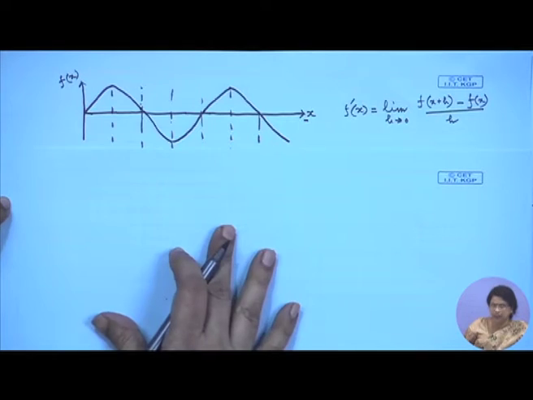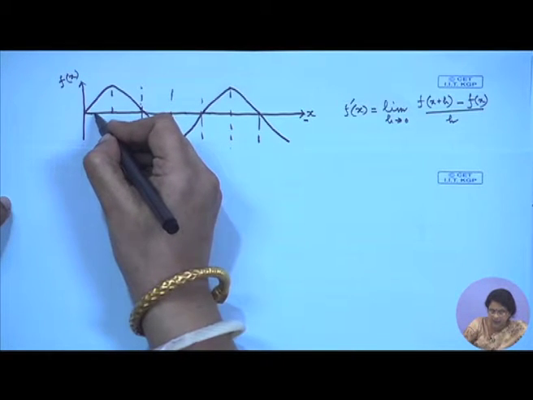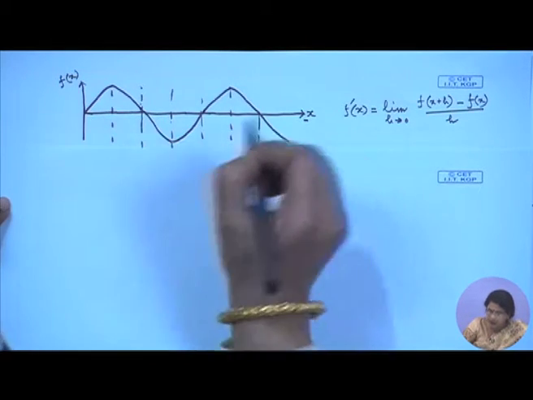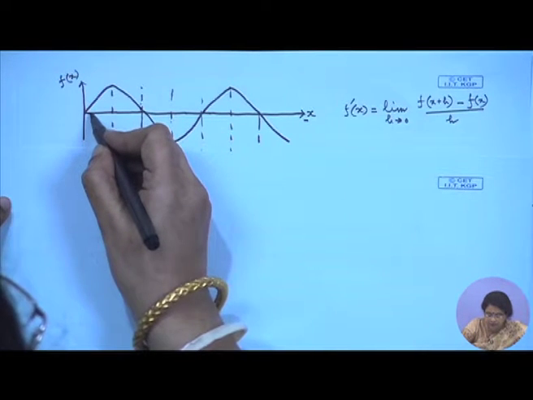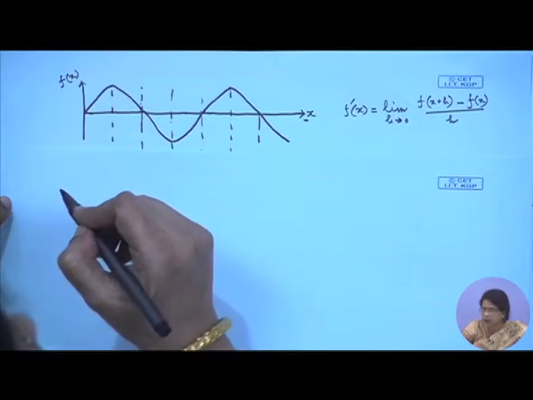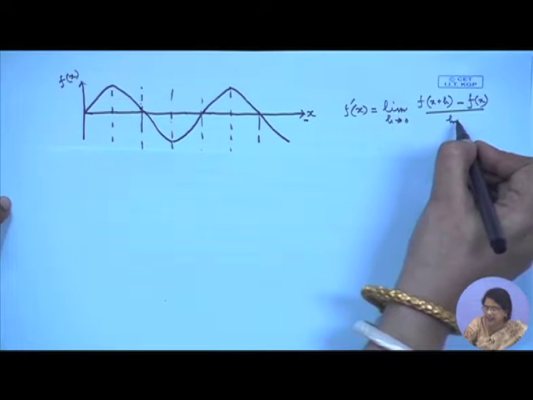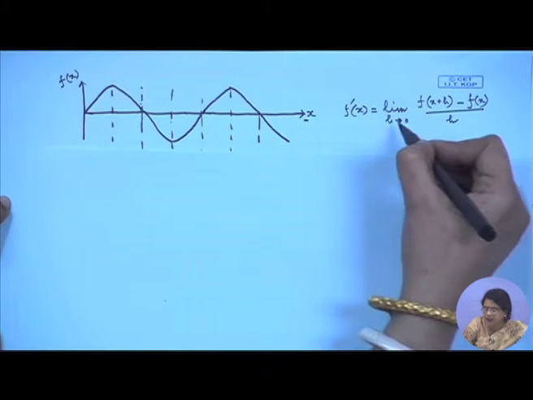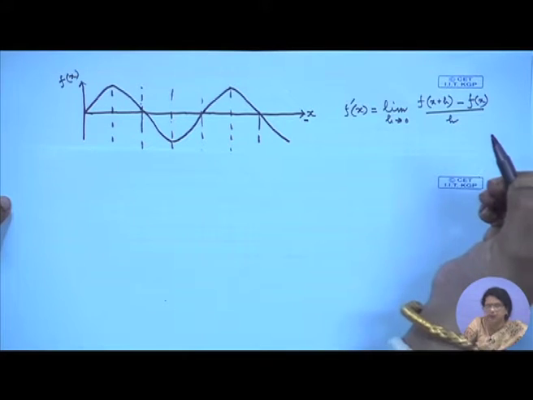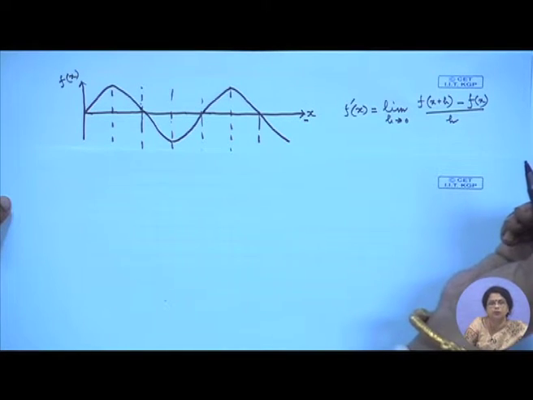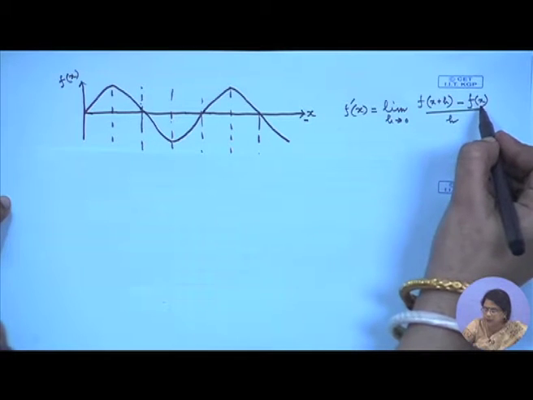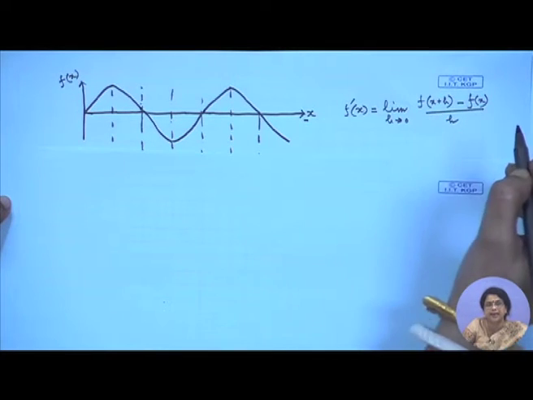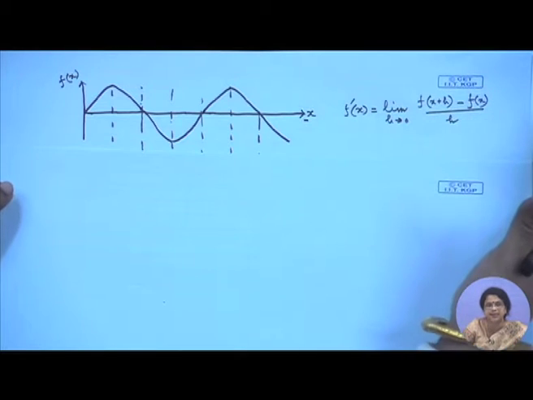It means that if we consider any point x over the real line, and from the x point I take a very small increment, x plus h, then the limit h tends to 0 will give us the first order derivative value. Since the function is increasing, x is there and x plus h is situated on the right hand side of x.